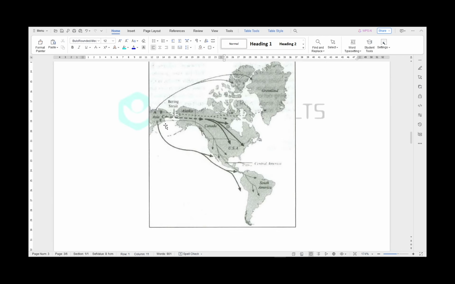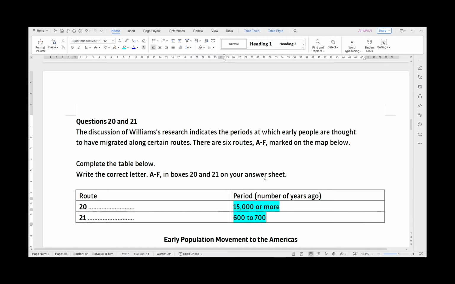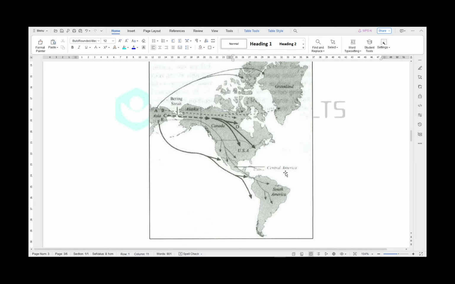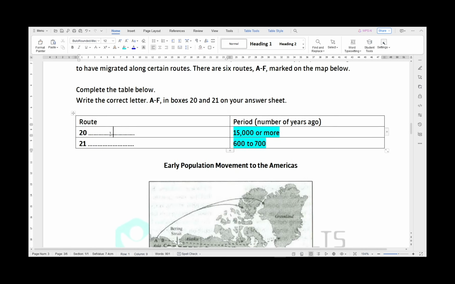So where did they go? E, they went to the center, and they just pretty much separated. We have Central America. I didn't take notice of that. However, don't worry, you'll have a much clearer view in your official examination. So I would say that option E is the correct one here.